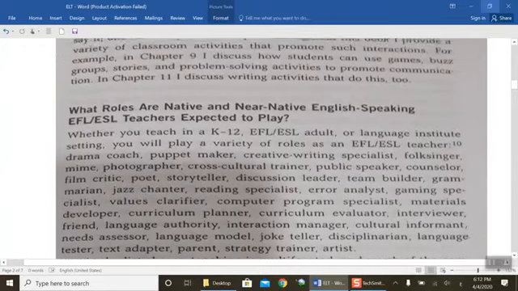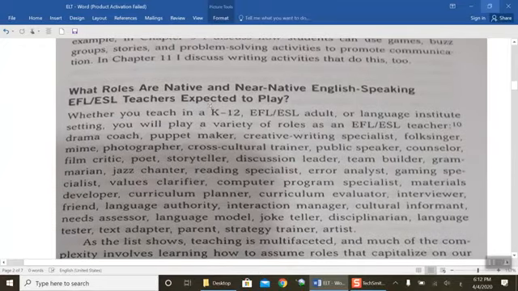Second topic: what roles are native and non-native English speaking ESL teachers expected to play? Okay, what are the roles that we as non-native speakers, or near-native speakers let us say, or native speakers are expected to play?